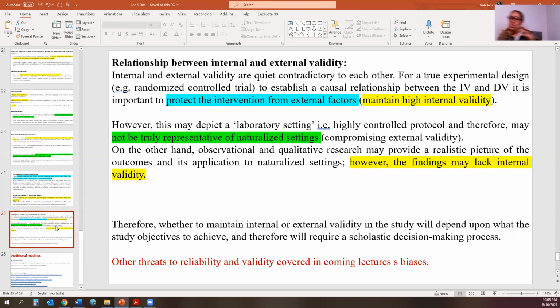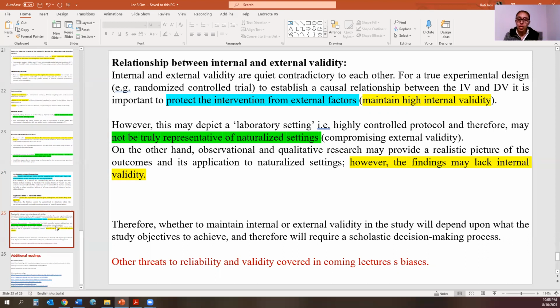But the other side of a randomized control trial is that because you're trying to control so many confounding variables, this becomes quite experimental, laboratory type in nature. It may not be reflective of the participants' real day-to-day life, practices, behaviors and strategies, and therefore it may have limited external validity.